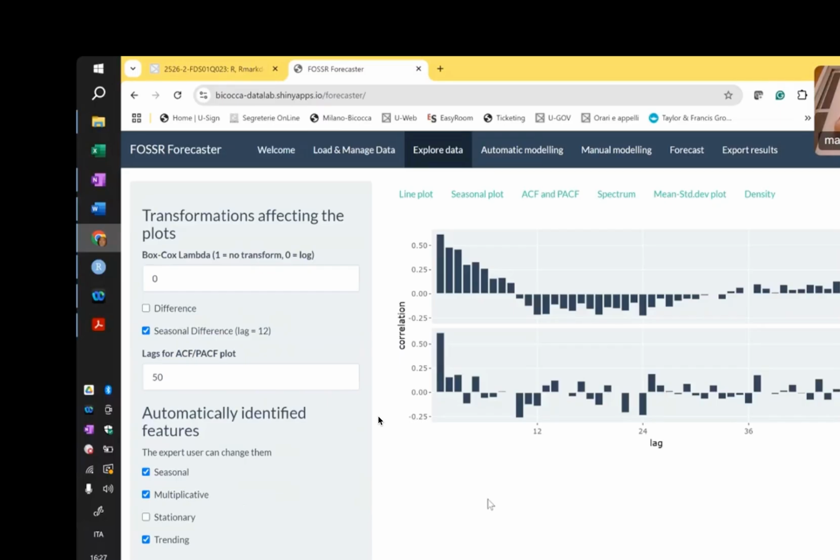What about the order of the AR parts? It's hard. It could be an AR1, but maybe an AR3. Of course, you say, okay, but this is not much larger than this one. Yeah, you're right. Probably AR1 is better. But we can estimate the AR3 and then go back in case the second and third, for example, are not significant.